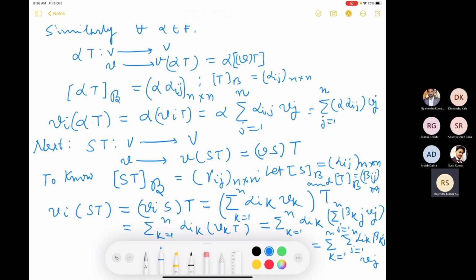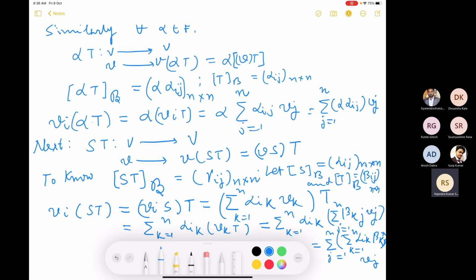You can interchange because of this, so you can rewrite this as: here is your j and here is k. So this is the coefficient of Vj.